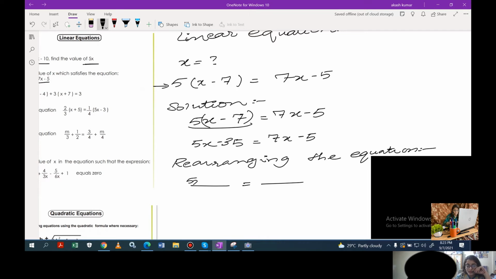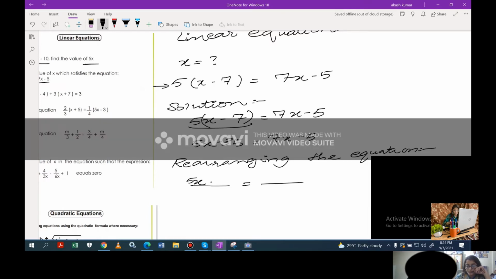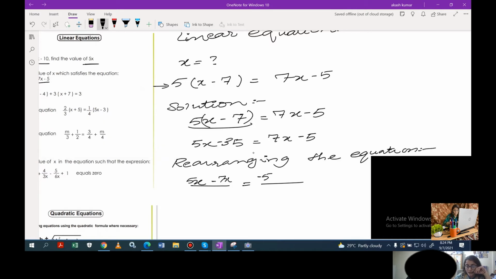So 5x as it is, let's move 7x to this side, it will be negative 7x. We have minus 5 on this side. Let's take minus 35 to this side, what will it be? Plus 35. Yes.